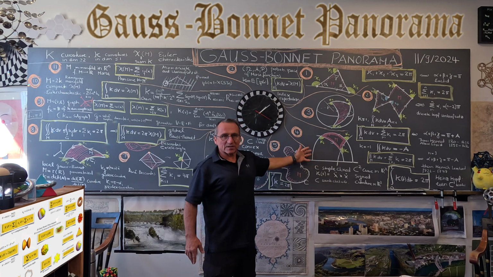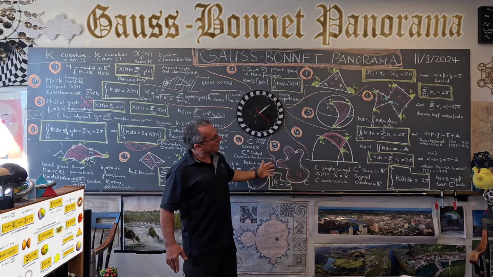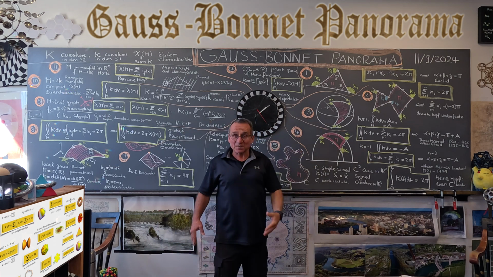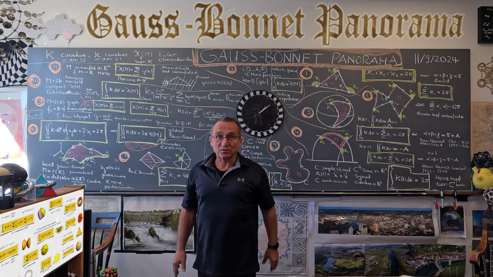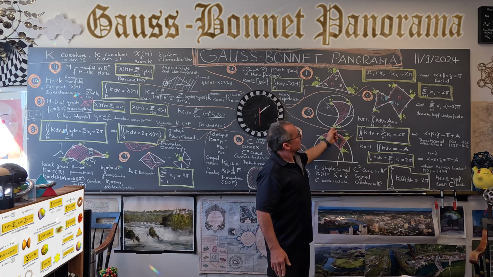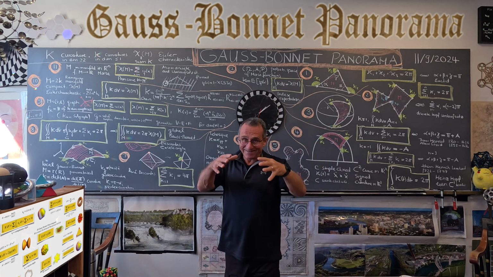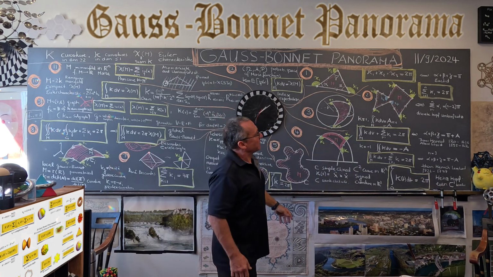You can also have a Gauss-Bonnet theorem here. If you are on a surface, that works too. If you have a polygon on a surface, on a sphere, for example, you can add up the curvatures, but then there is also the interior curvature that comes in.